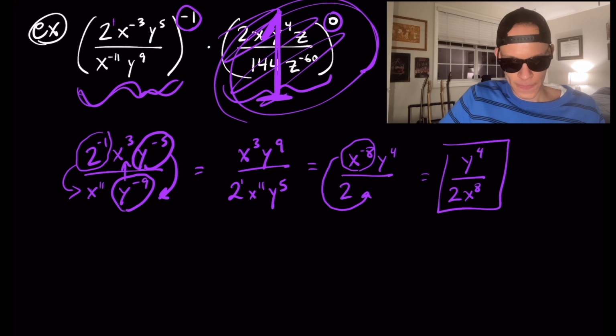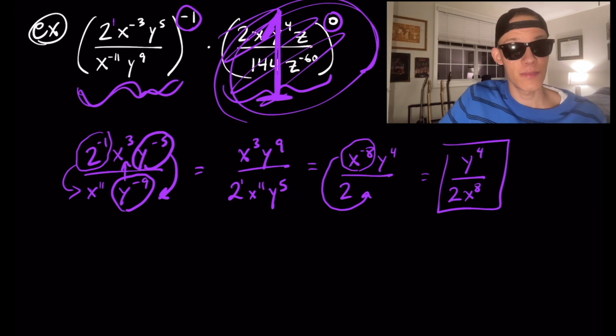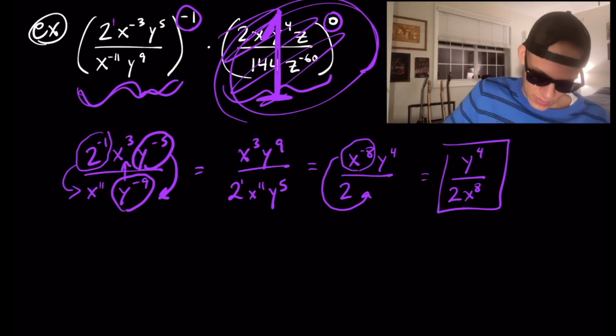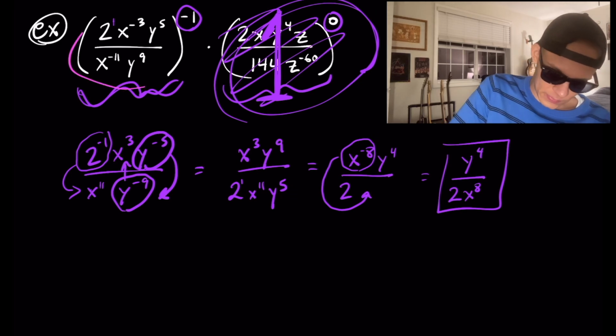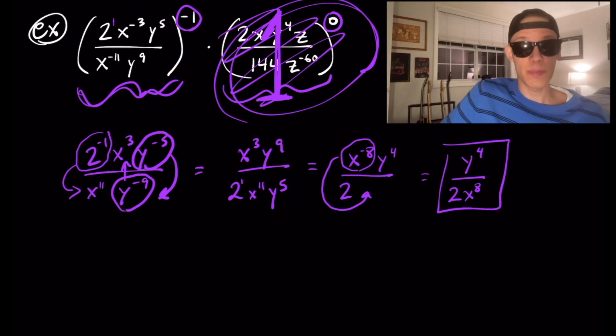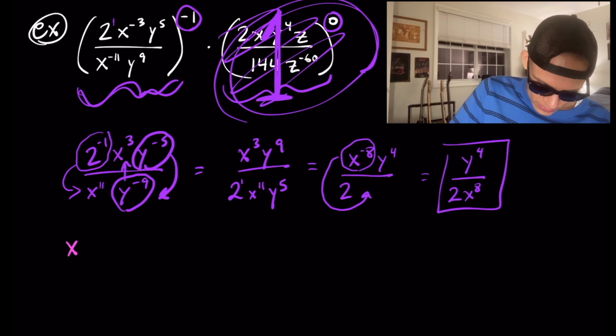But the easy way to remember it is, if it's raised to the -1st power, just flip the fraction. So if I did it that way, and starting from here, I'm going to flip that fraction. So I'll have x to the -11th, y to the 9th, all over 2 to the 1st, x to the -3rd, y to the 5th.